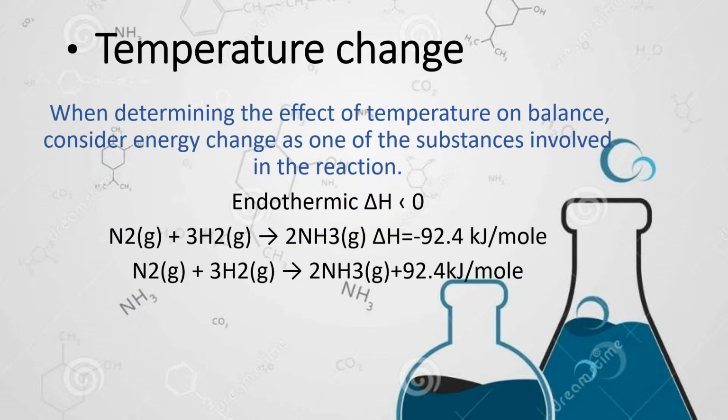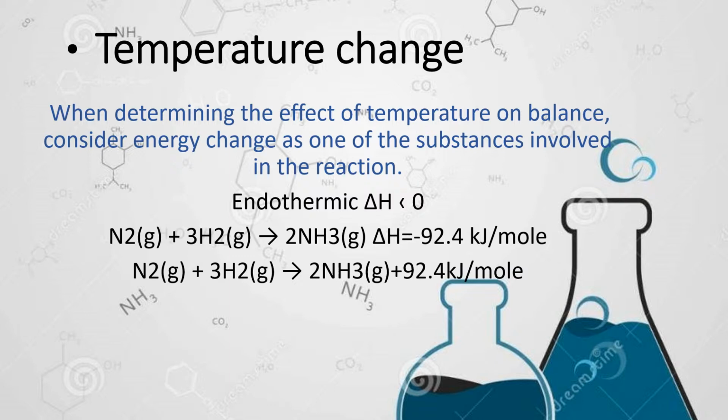3. Temperature change. In determining the effect of temperature on balance, energy changes are considered to be one of the substances involved in the reaction. For example, if the reaction is an endothermic reaction, delta H is greater than 0, and heat is considered a reactant and placed on the left side of the equation.